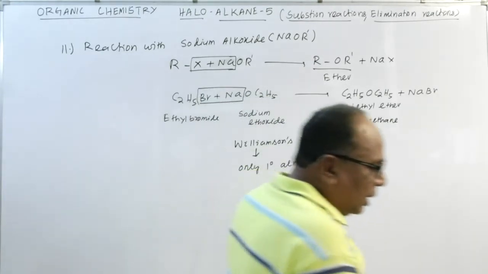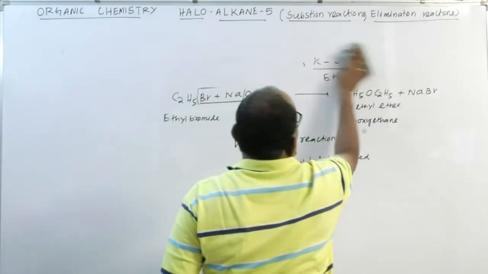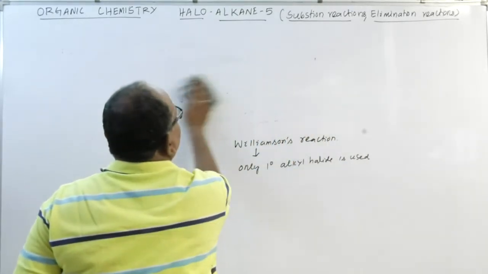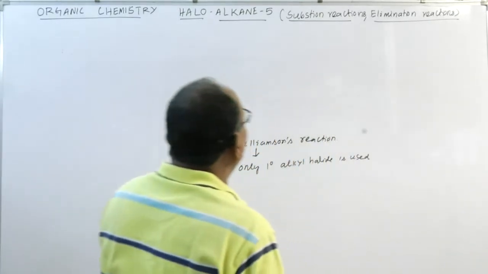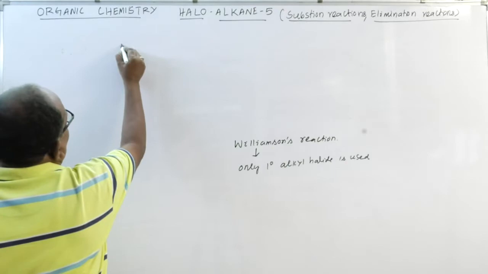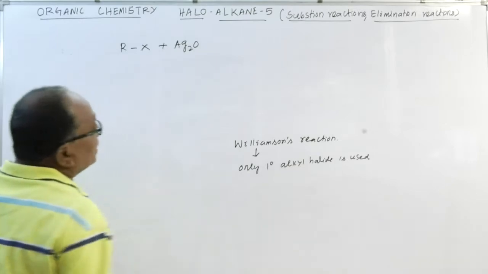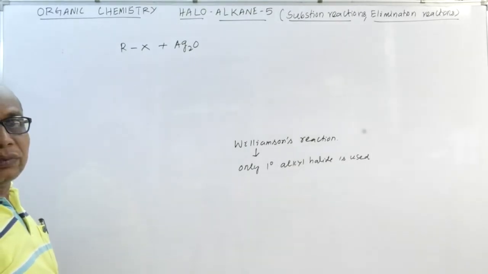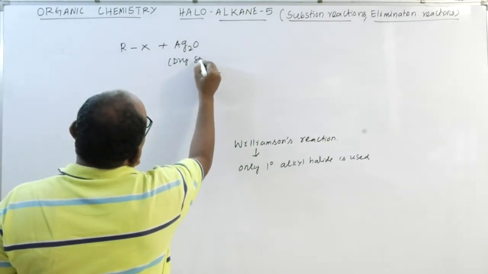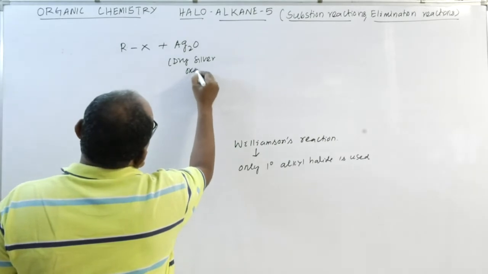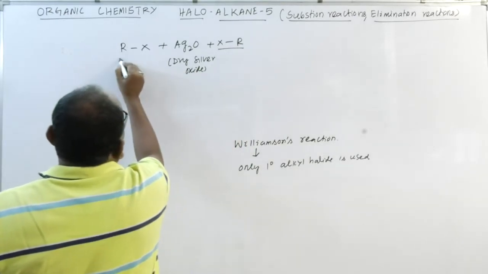Okay. Next, ether can also be synthesized from alkyl halide using another reagent, that is, 2 molecules of alkyl halide RX heated with dry silver oxide. This one molecule, this another molecule.